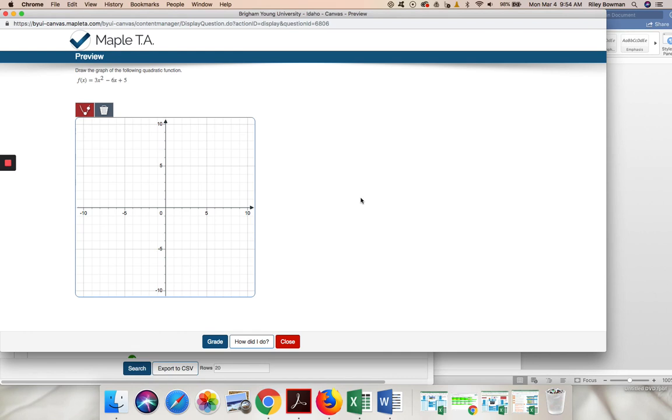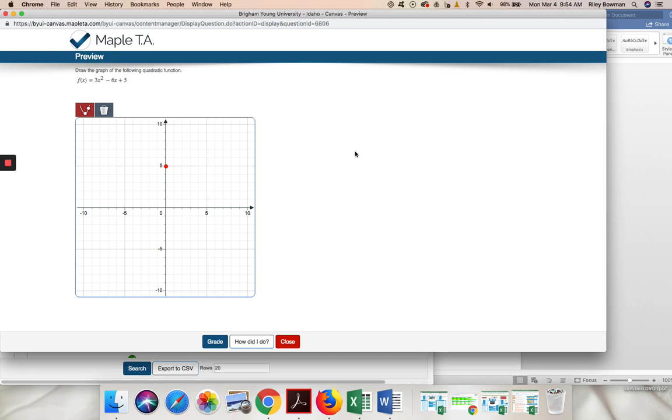So again, we could find just a couple of points. You can find the vertex. Again, my very favorite is just to plug in 0 for x, and I know that it's going to cross through here at 0. Everything else is 0 in there except for the 5. All the terms will cancel out because it's just 0. So I know it's going to cross through there. Another option, I can just plug in a 1 because that's small and easy.